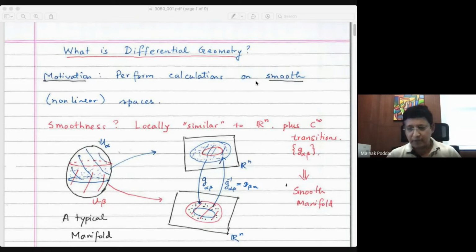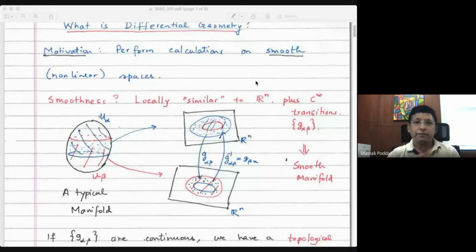And now, of course, we need some assumptions. And one of the assumptions that turns out to be quite convenient is that of smoothness. Okay, so let me try to say briefly what is a smooth manifold, and also, in contrast, what is a topological manifold. So, smooth, if you remember from calculus, smooth functions are so-called C infinity functions.